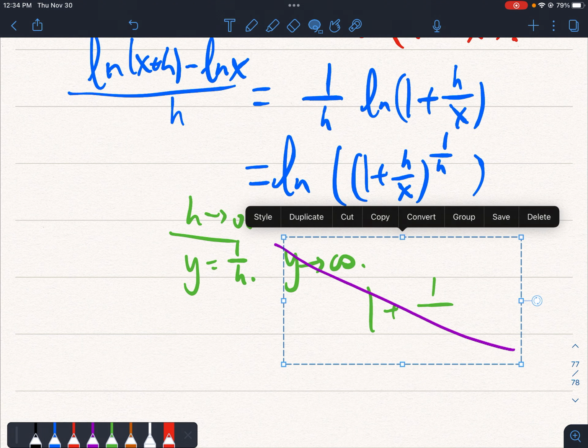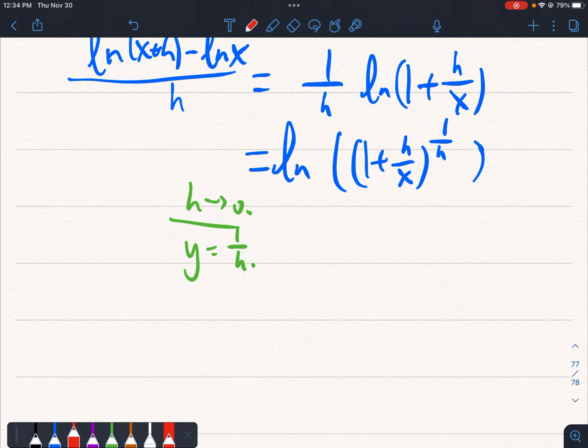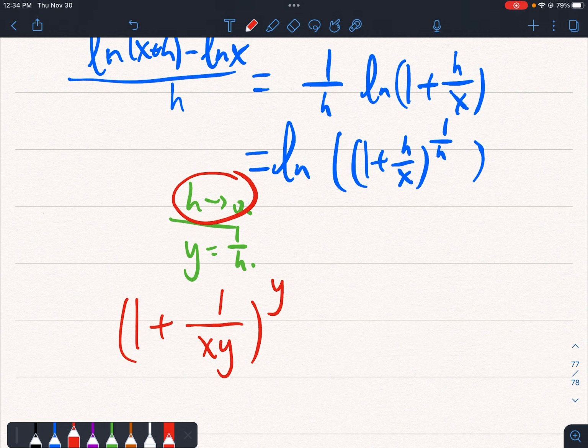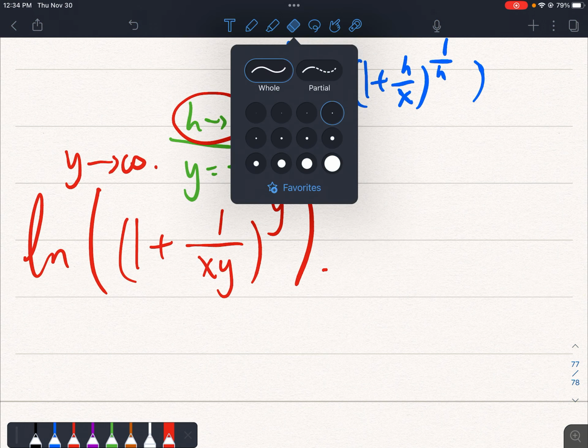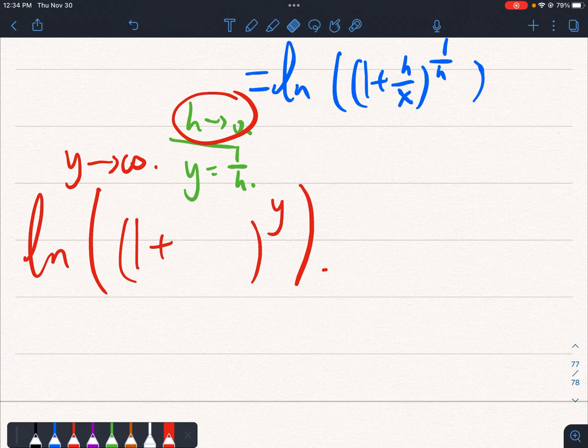So if we set y equals 1 over h, then this will become 1 plus 1 over x times y, to the power of y, as y approaches infinity. Because h approaches 0 and we take y to be 1 over h, what we want is for y to go to infinity.